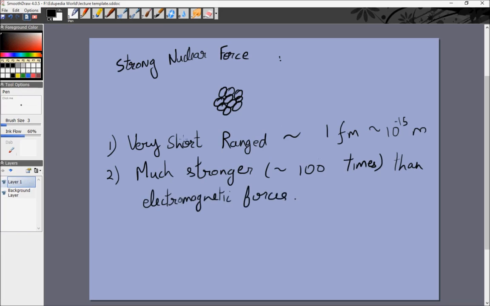The range up to which the nuclear force is valid, around 1 femtometer, is called the nuclear range. And if we take nucleons to a distance smaller than the nuclear range, the strong nuclear force dominates, and if we take them further apart than the nuclear range, then the weak nuclear force dominates. The third, it is always attractive.